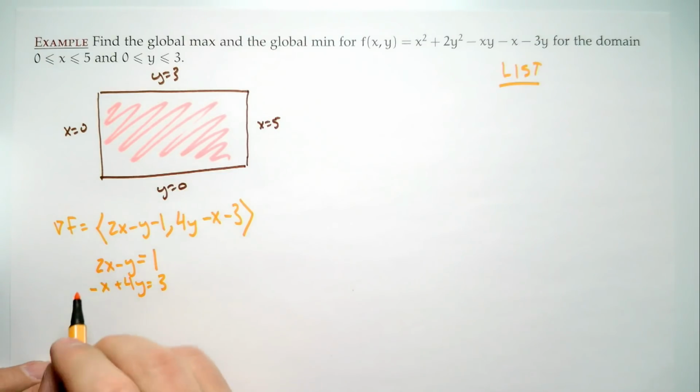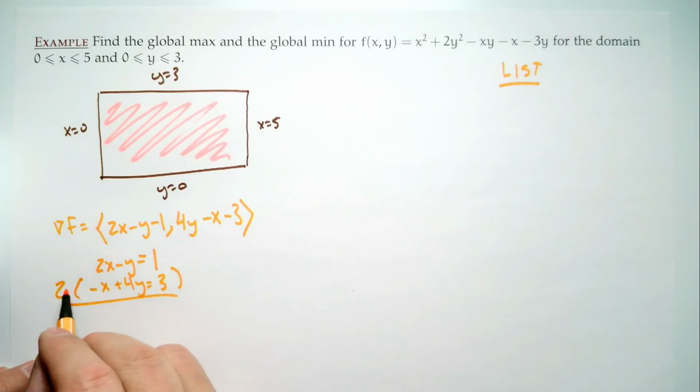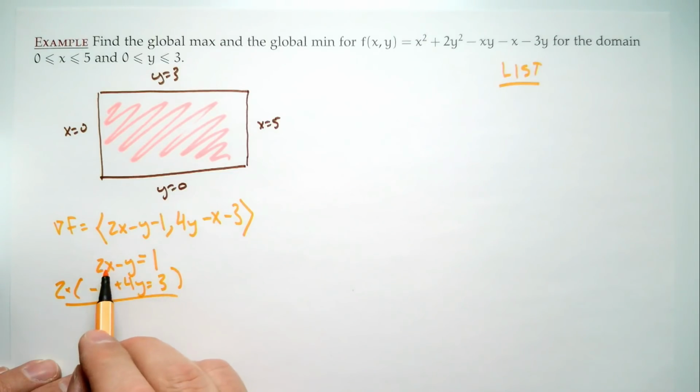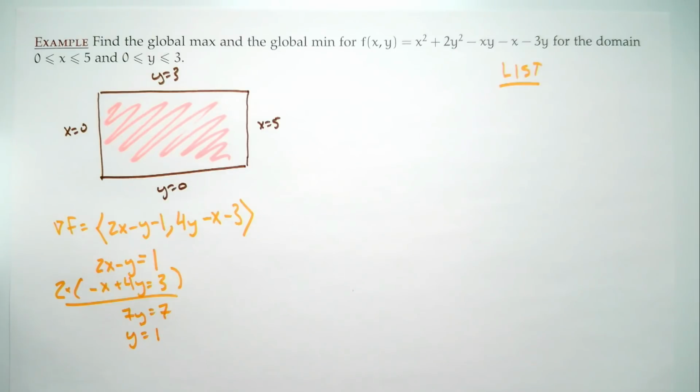So for instance, one thing you could do is if you took the second equation and multiplied it by 2 and you added it, what would happen is you'd get 2x minus 2x, which would cancel, minus y plus 8y, which is 7y, and then 1 plus 2 times 3, which is 6, which is 7. So 7y equals 7, or y equals 1. And once you know that y equals 1, what should x be? X should be 1, which says that there's a point 1, 1.